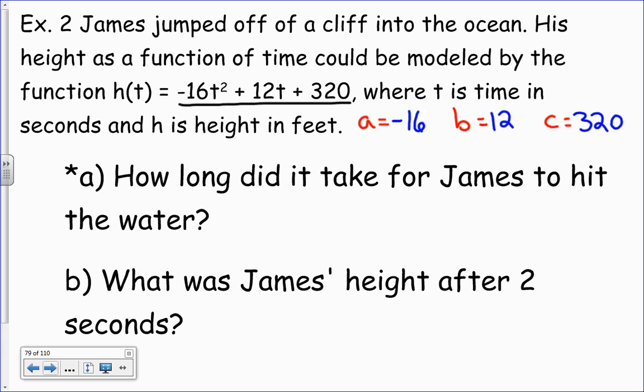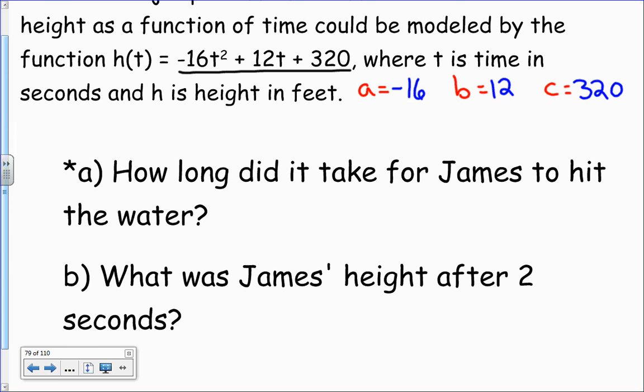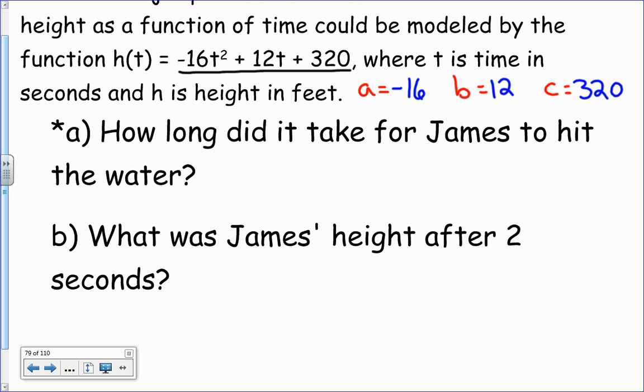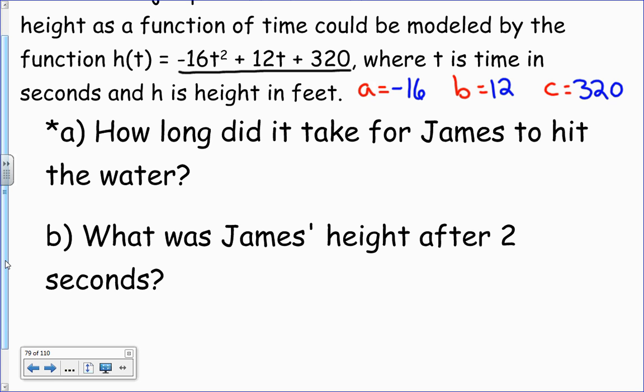So I'm going to go back up here for a second and look at my original function, and I'm going to label A, B, and C, because I need all three of those for the quadratic formula. Make sure I get the signs right. A is negative 16, B is positive 12, and C is positive 320. So that cliff was pretty high. I started out at 320 feet. All right. So for part A here, we're going to write T equals, because we're looking for time. We'll make a big fraction. We'll go with opposite B. We've got negative 12. We've got plus or minus the square root.